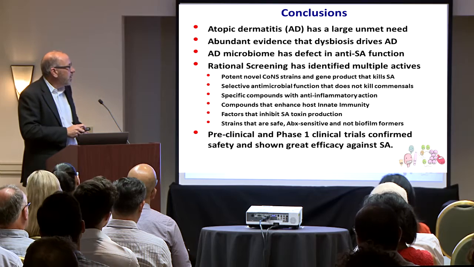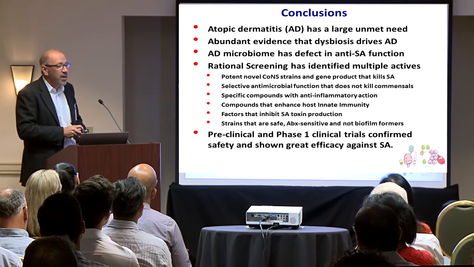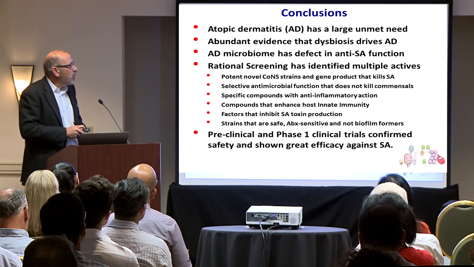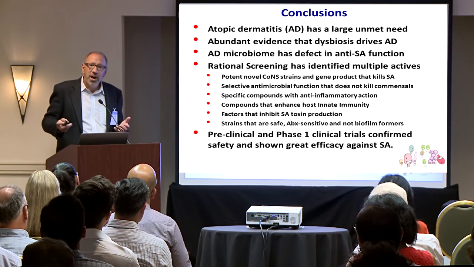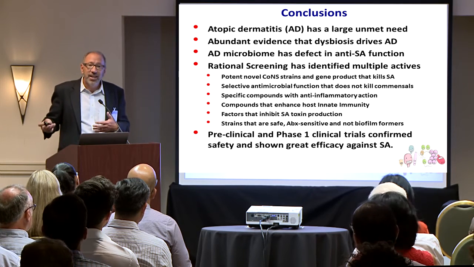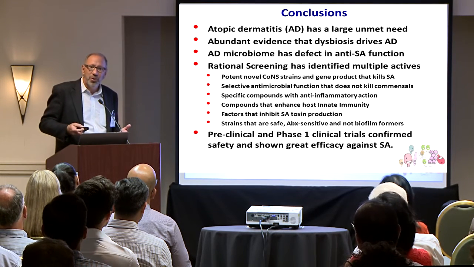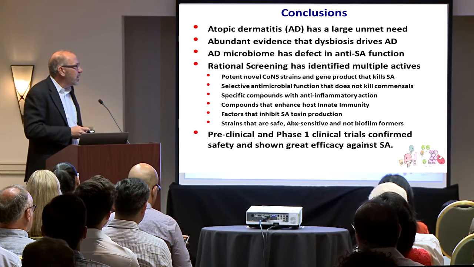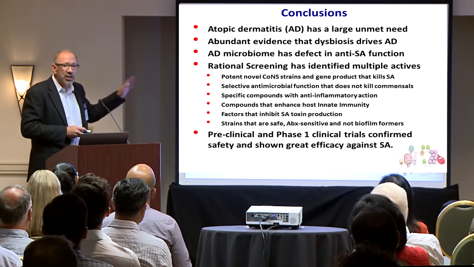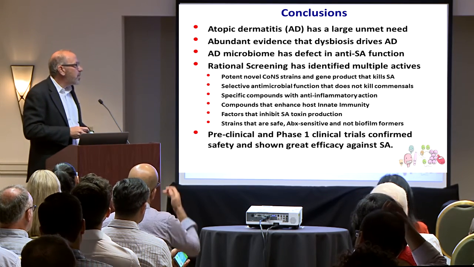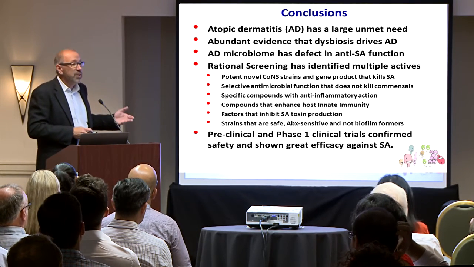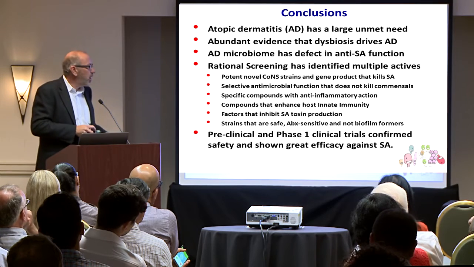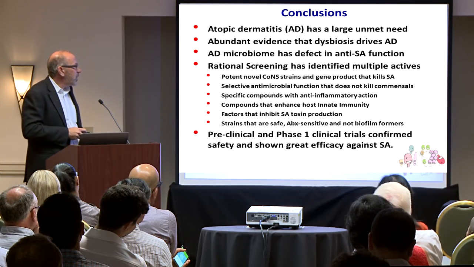For example, novel kind of strains that kill Staph aureus, which I showed you. Antimicrobial function that's selective, and the ones I showed you have the added benefit as an antibiotic of not killing itself, so it maintains the normal community but kills the pathogen. Compounds that have anti-inflammatory action, we've published on this before. Compounds that can enhance the innate immunity. Factors that can inhibit toxin production by pathogens.